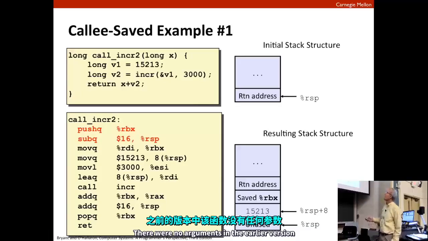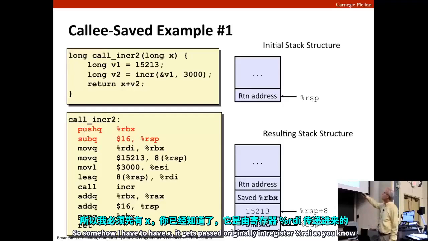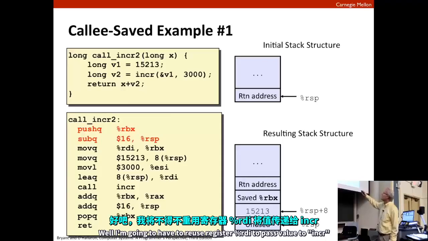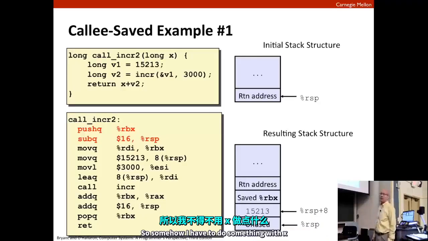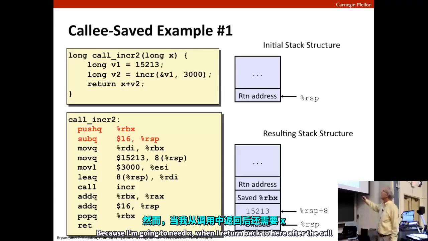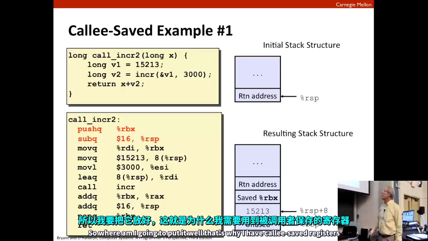There were no arguments in the earlier version. So somehow I have to have x. It gets passed originally in register RDI, as you know. But I'm going to have to reuse register RDI to pass a value to inker. So somehow I have to do something with x, because I'm going to need x when I return back here after the call. So where am I going to put it?